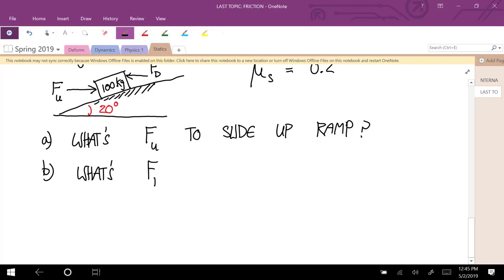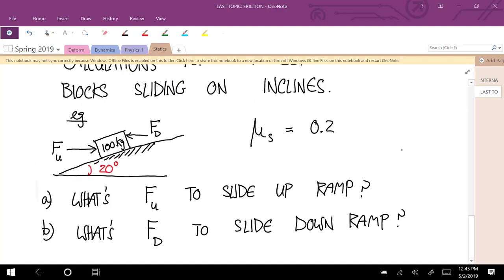What's the required FD to get it to start to slide down the ramp? In order to do both of these, we're going to use a sort of unusually rotated coordinate system.